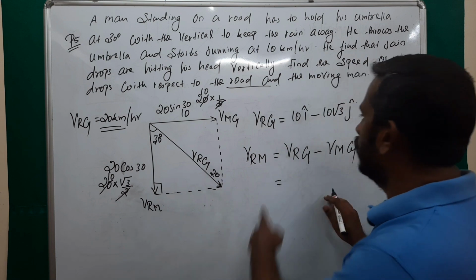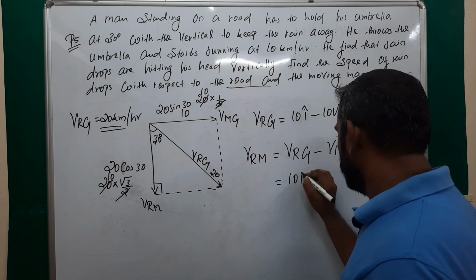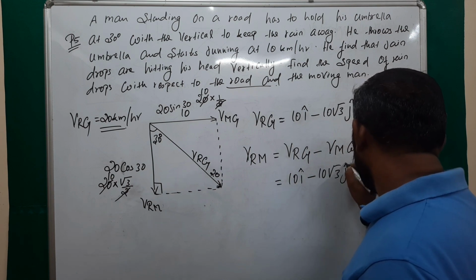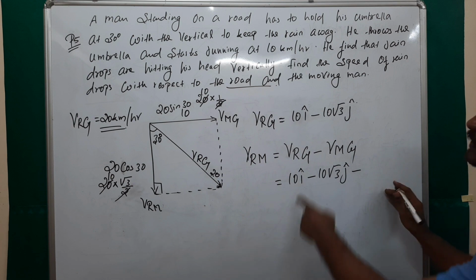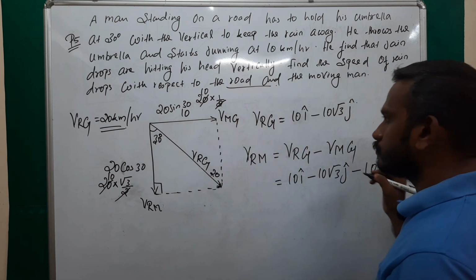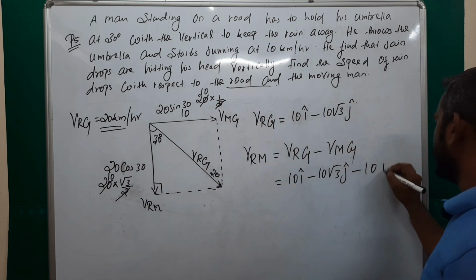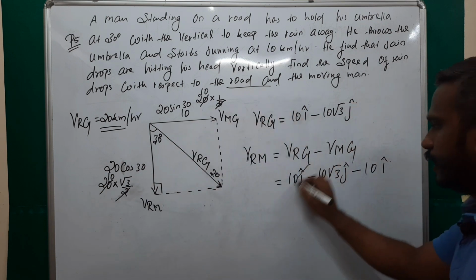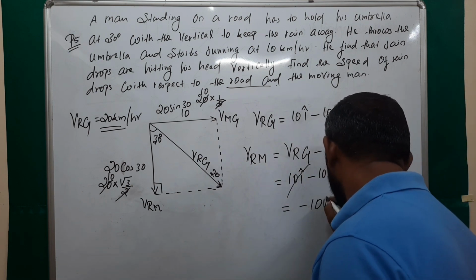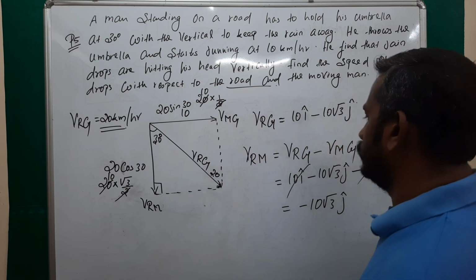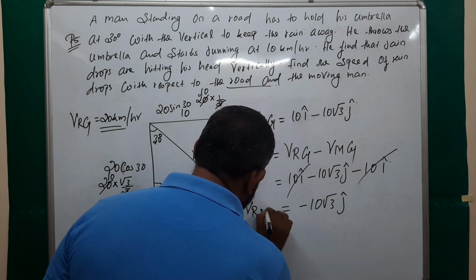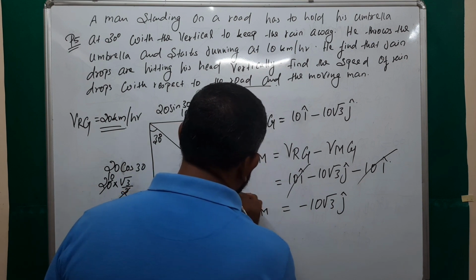That is 10 i cap minus 10 root 3 j cap, minus velocity of the man with respect to the ground, that is 10 i cap. So 10 i cap minus 10 i cap cancel. That is equal to minus 10 root 3 j cap. This is the velocity of the rain with respect to the man.